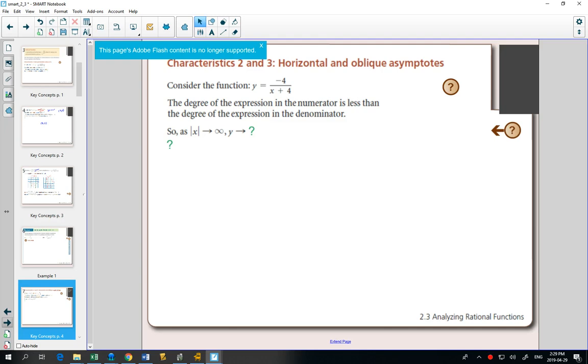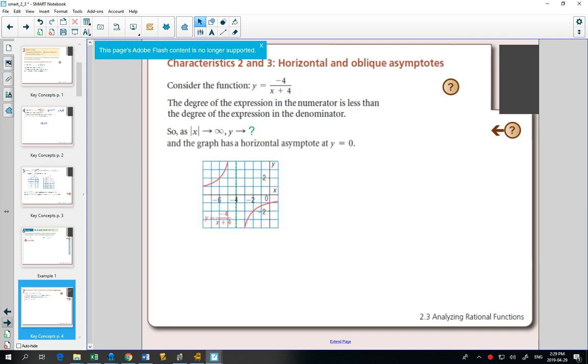After finding holes and vertical asymptotes, we then start to look for oblique asymptotes. There are 3 different situations for oblique asymptotes.